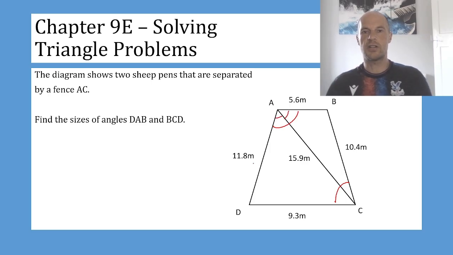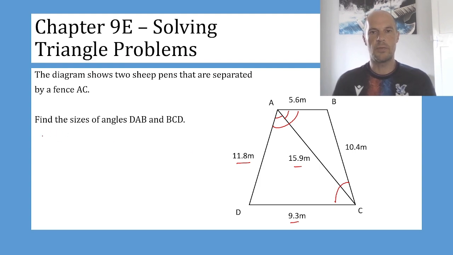So I'm looking at the triangle DAC. I've got three sides marked, so I can use the cosine rule. So the cos of DAC equals 15.9 squared plus 11.8 squared take away 9.3 squared all over 2 times 11.8 times 15.9.